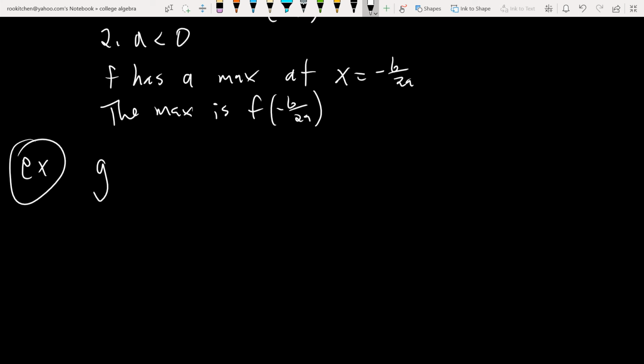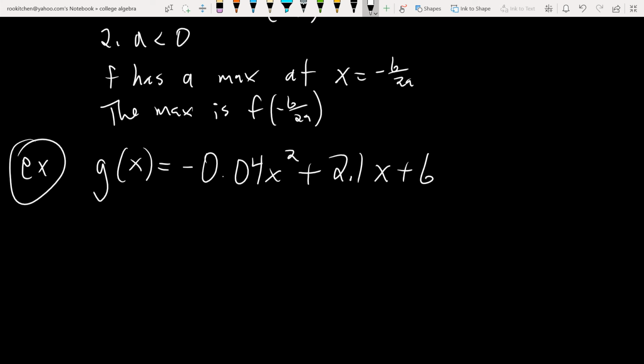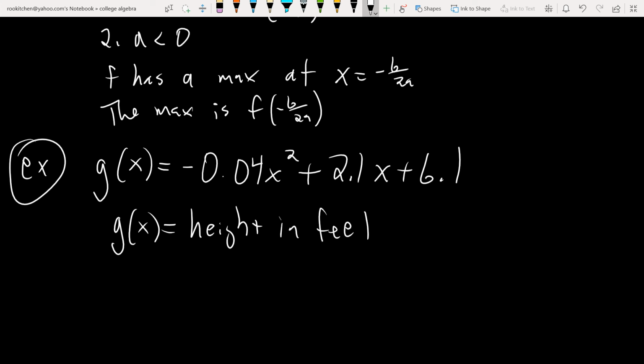I think this one is on shot put, somebody throwing a shot put, and the projectile's motion can be modeled with this parabola, g of x equals negative 0.04x squared plus 2.1x plus 6.1, where the y value, g of x, tells the height in feet of the projectile, and the x value tells the horizontal distance from the thrower.